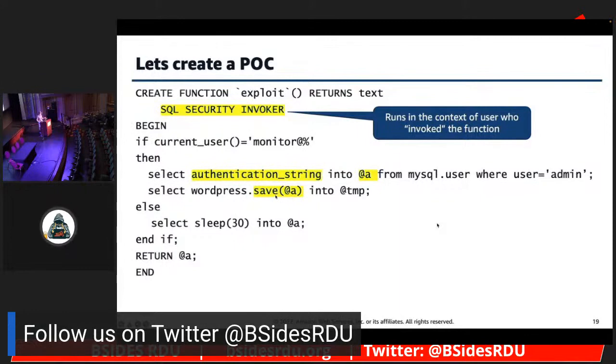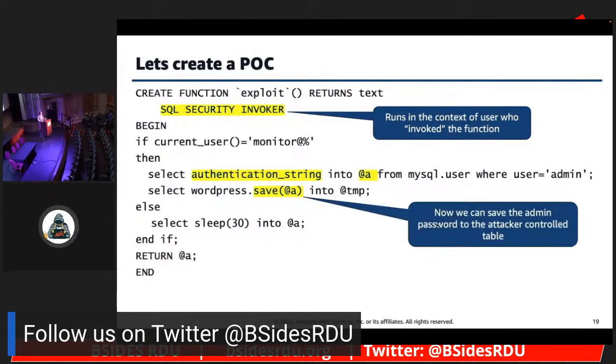That function, in turn, will be running in the context of our user, which is able to write to the database. My monitor user actually doesn't have any ability to write. But because we're using this function, which has the definer part, we will be able to write. So this is the trick. We can now select, obtain the password, and save it into the table that is controlled by an attacker.